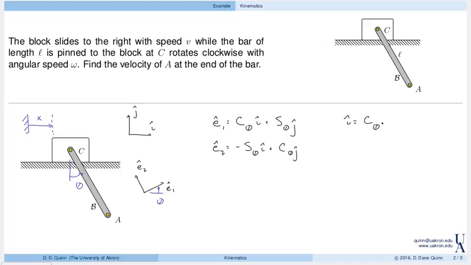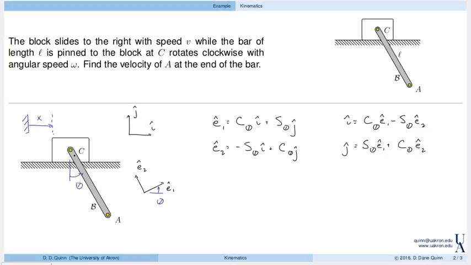Here I is cosine theta in the E1 direction minus sine of theta in the E2 direction, and J is equal to sine of theta in the E1 direction plus cosine of theta in the E2 direction. And you might want to pause this video solution right now and work through these coordinate transformations.